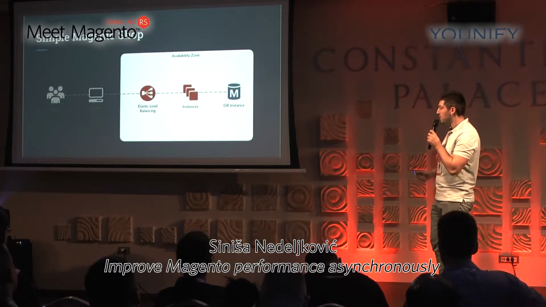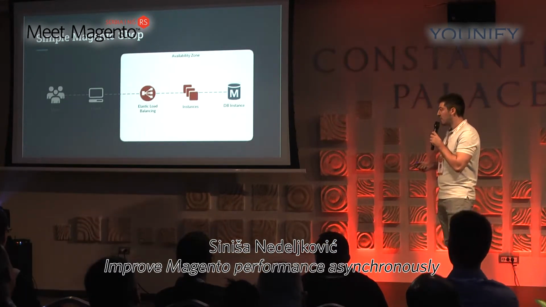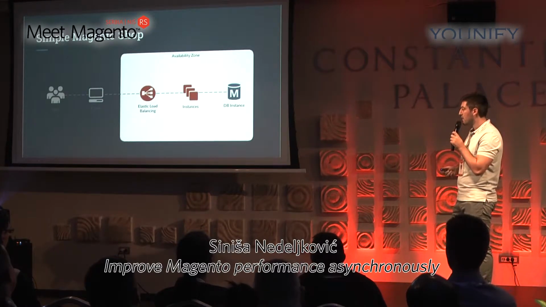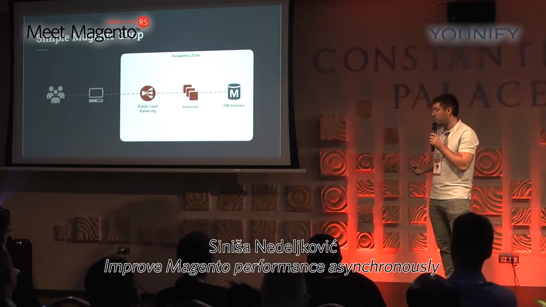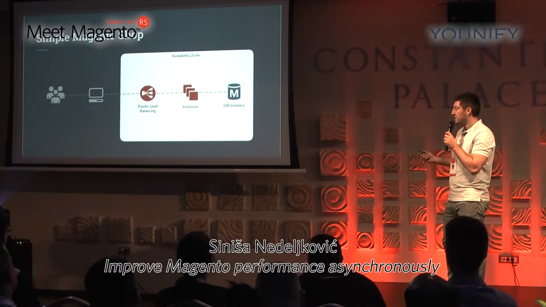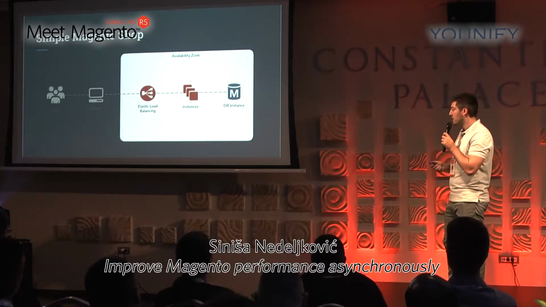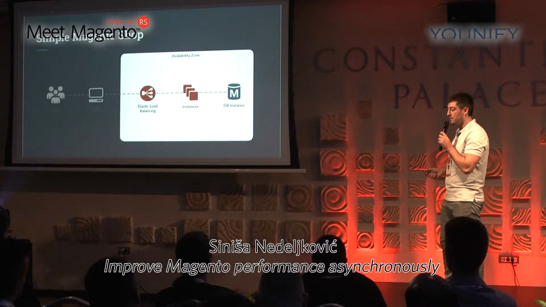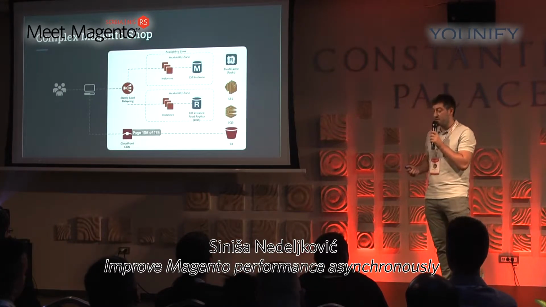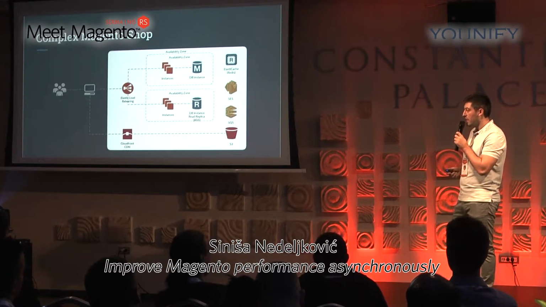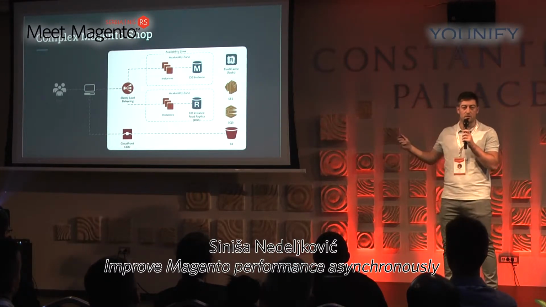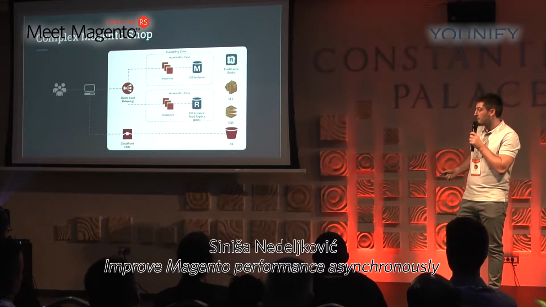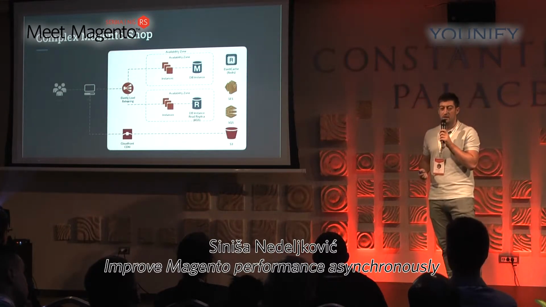So let's put this in perspective. This is how a simple Magento shop looks like: elastic load balancing, a few instances for PHP, Nginx, Apache, whatever, and a database instance. A more complex Magento shop should look like this. This is just an example of how it could look on AWS services. You have elastic load balancing and 2 availability zones.